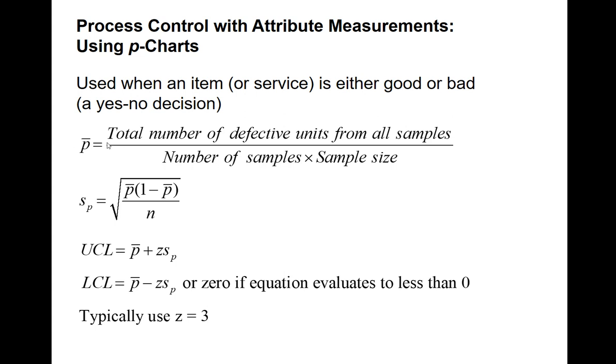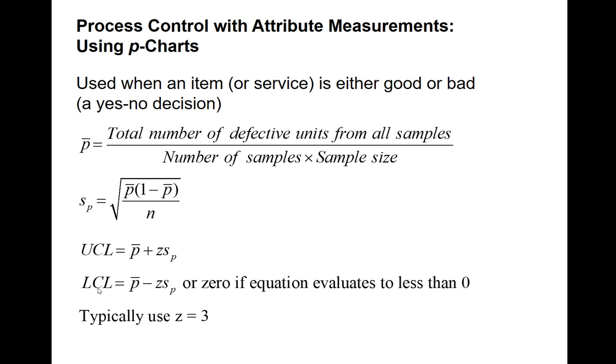Except for the center line, we need another two lines, which are the upper limit and the lower limit. The upper control limit equals P bar, which is the average of the number of defectives, plus Z times SP, the standard deviation.